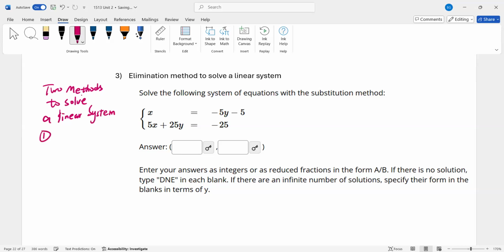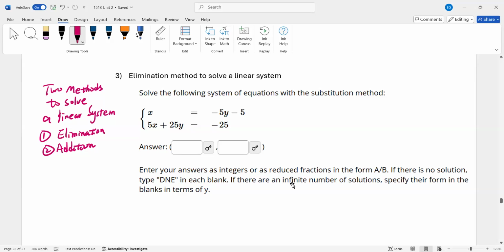The first method is called the elimination method. The second method is called the addition method. Those 2 methods apply to any type of system, not just a linear system with 2 equations. When a system has 3 equations or is nonlinear, those 2 methods still work.